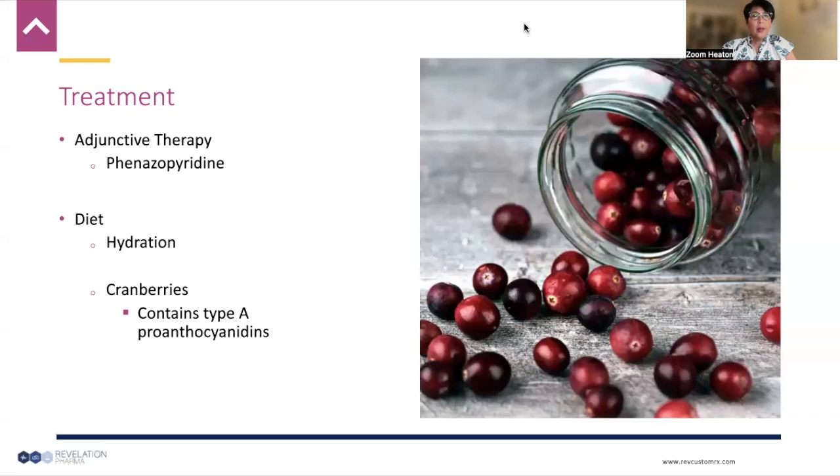Cranberries contain type A proanthocyanidins, and this compound and its urinary metabolites interfere with the adhesiveness of uropathogenic bacteria to the bladder epithelium. Their effect is not as significant as antibiotics, but they do not induce bacterial resistance.